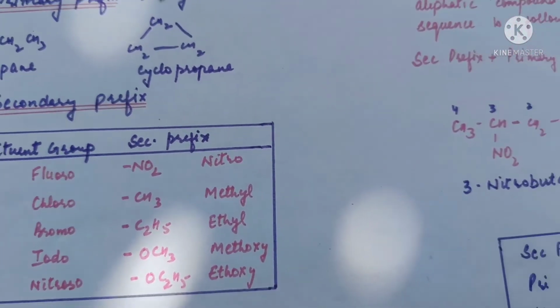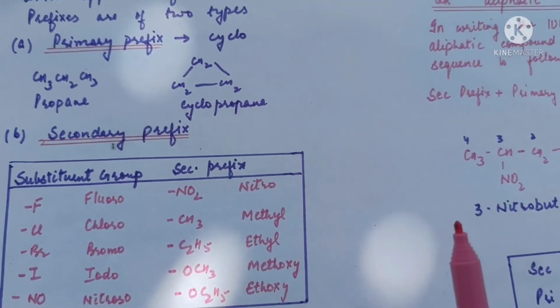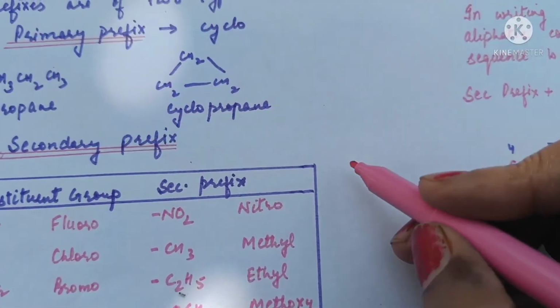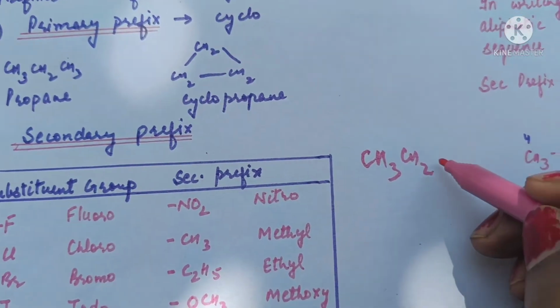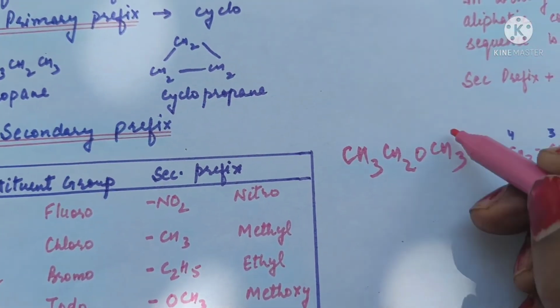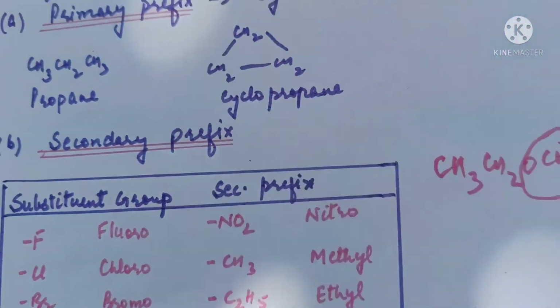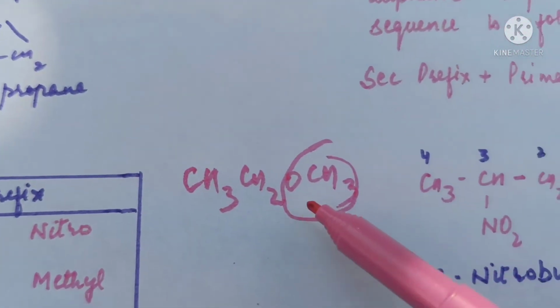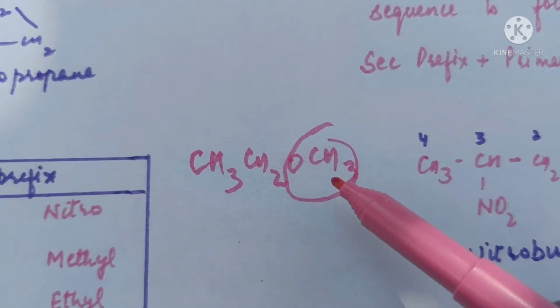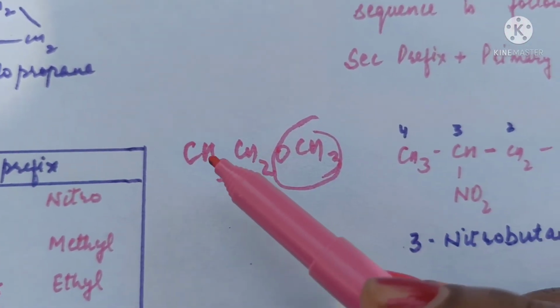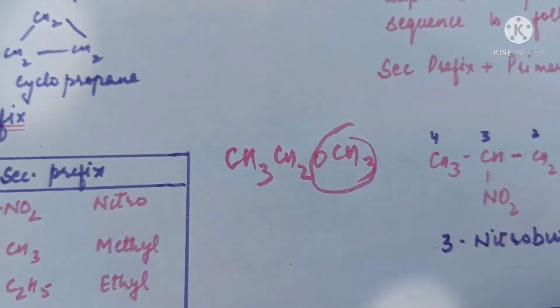So they are written before the word root. For example, if the compound is CH3CH2OCH3, then this group OCH3 is written as the secondary prefix and the name will be methoxyethane for 2 carbon atoms.